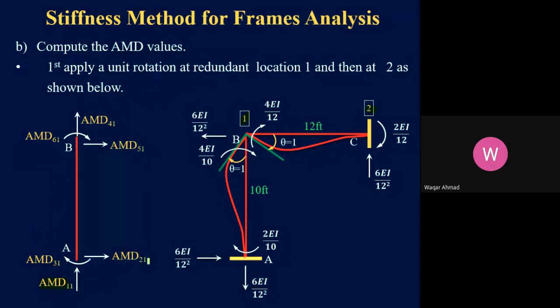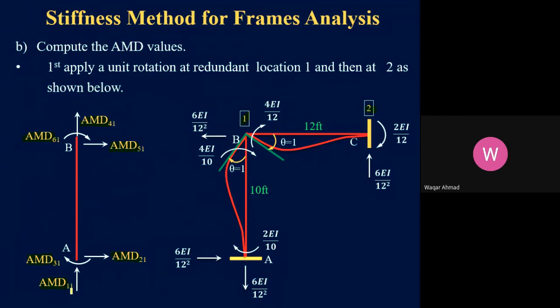This becomes my AMD2. Similarly, this becomes my AMD3, because it corresponds to the location of AM3. And similarly, AMD4, AMD5, and AMD6.